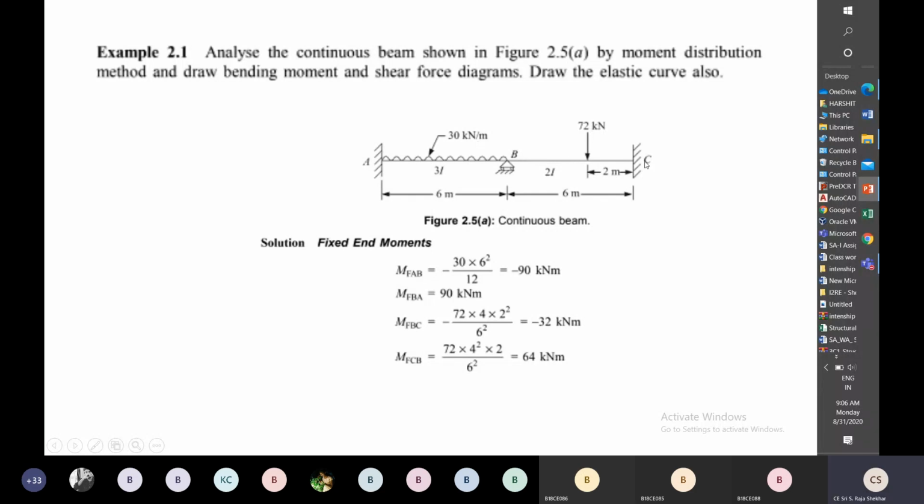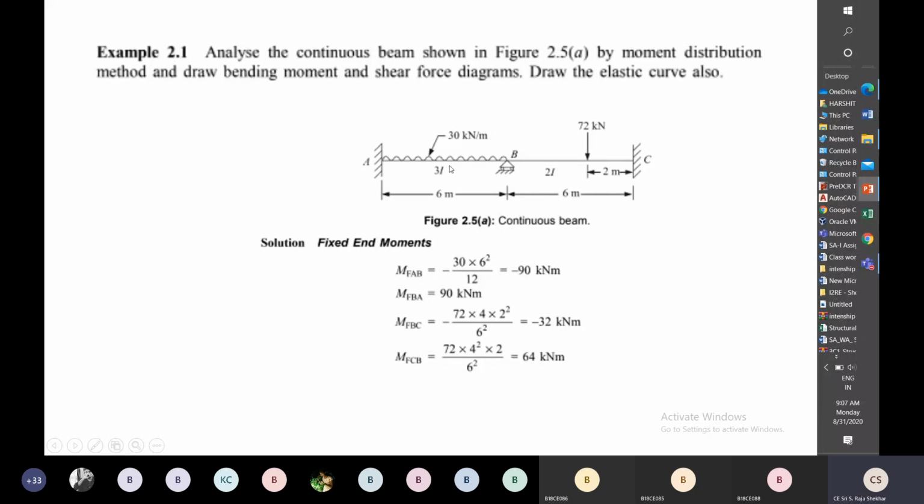For span BC, a point load of 72 kilonewton is acting at a distance of 2 meters from the right support, that means 4 meters from the left support. So this is unsymmetrical loading, and we need to calculate fixed moments for this loading.